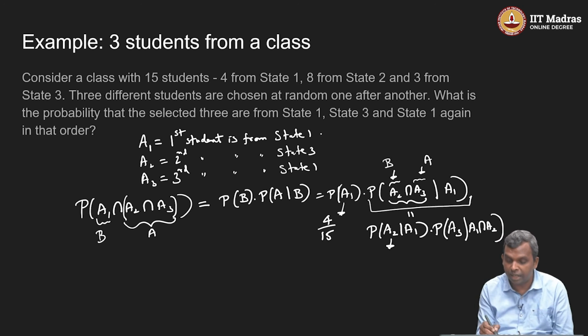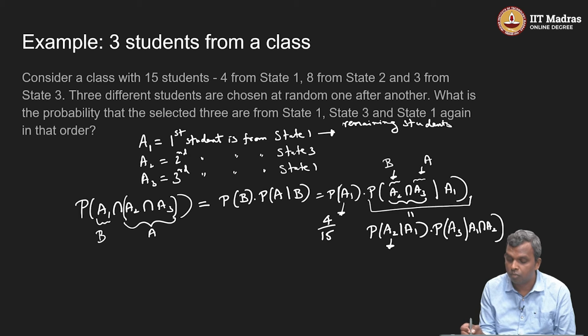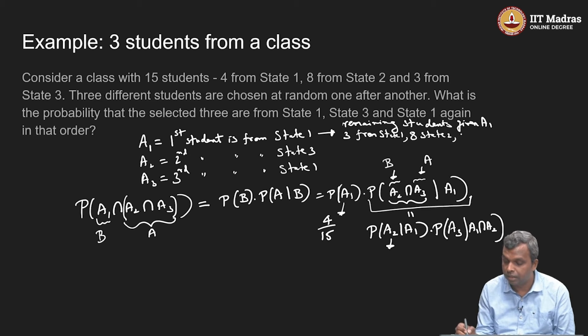So if A1 has already happened, then what are the remaining students? What is the sample space? Given A1, there are 3 from state 1, 8 from state 2, and 3 from state 3, isn't it?